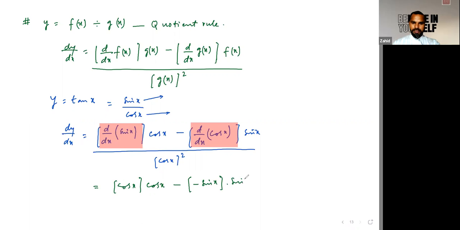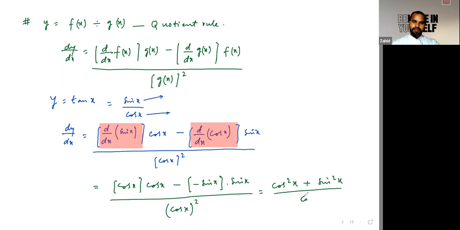And get multiplied by sine x, whole divided by cos x squared. So you will get cos into cos, cos square x, minus minus plus sine into sine, sine square x, divided by cos square x.